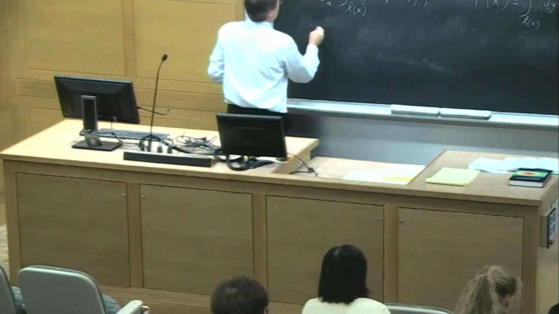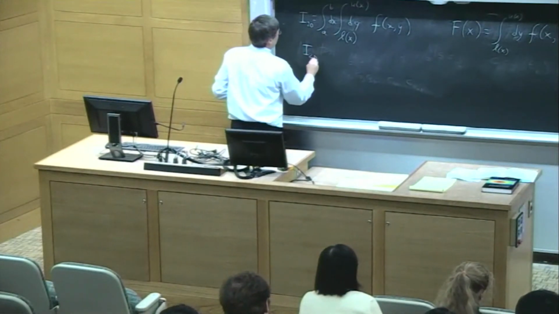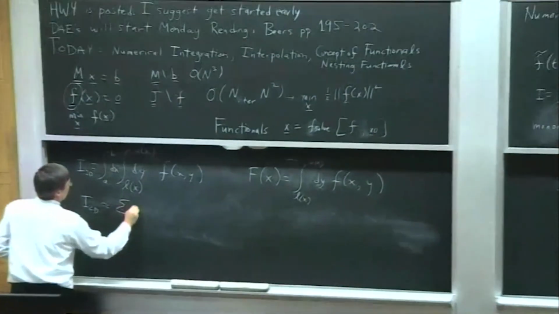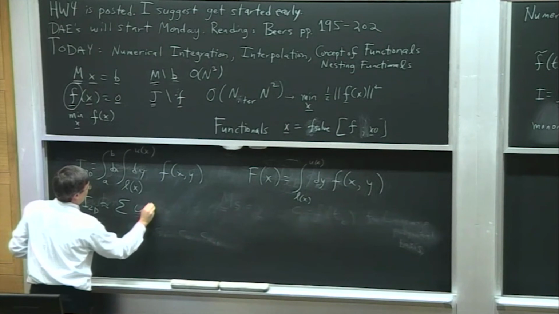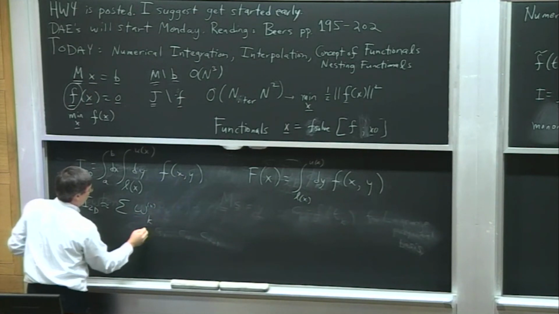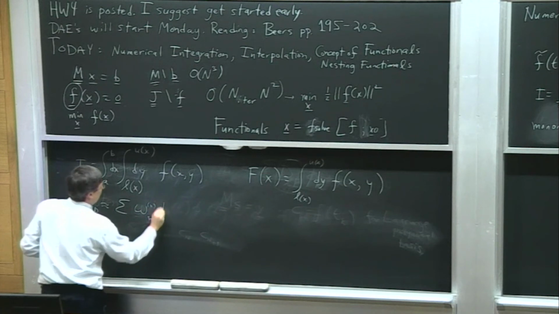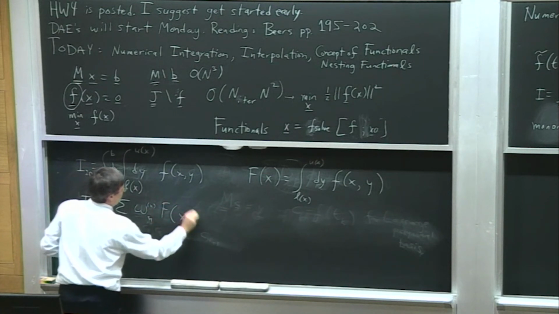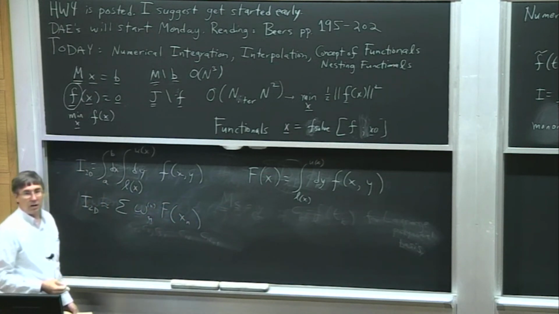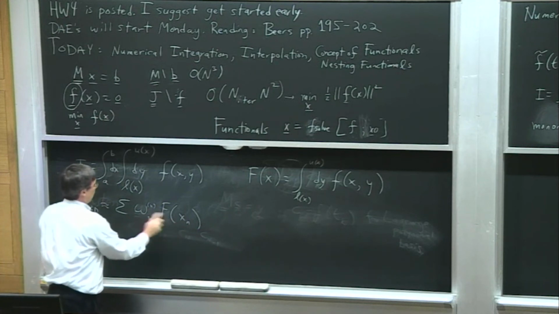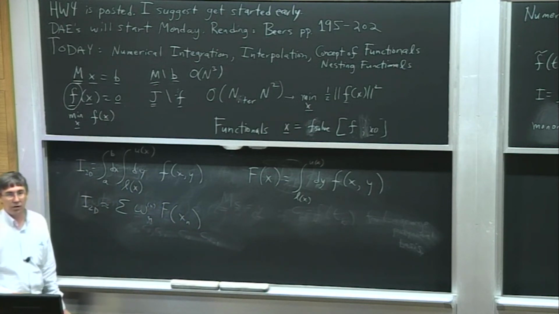So I'd say that this I2D is approximately equal to the sum of some weights, which I'll label with x just to remind you where they came from, times F of xn. I would use, say, Gaussian quadrature to figure out what the best values of the x's and the y's are to use.